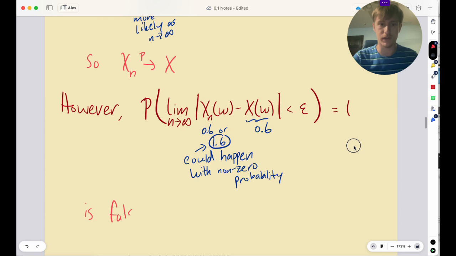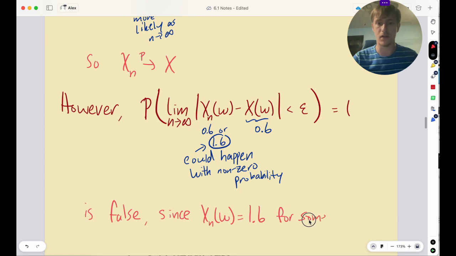So this is false, since Xn of omega equals 1.6 for some n. Doesn't matter how big, but whatever your threshold is, I can find you an n that the indicator function will eventually turn on for.